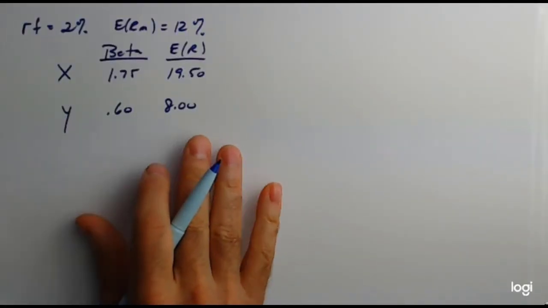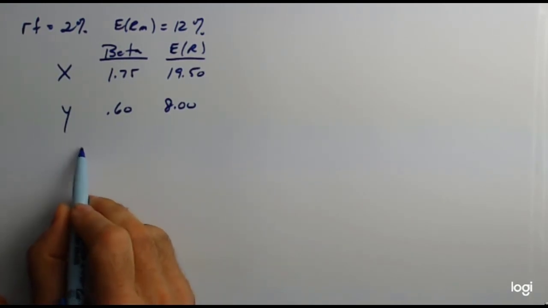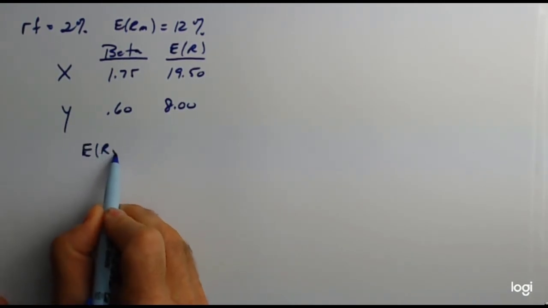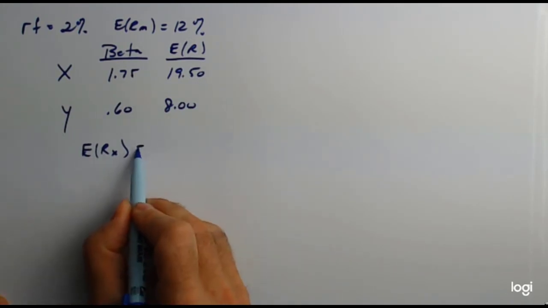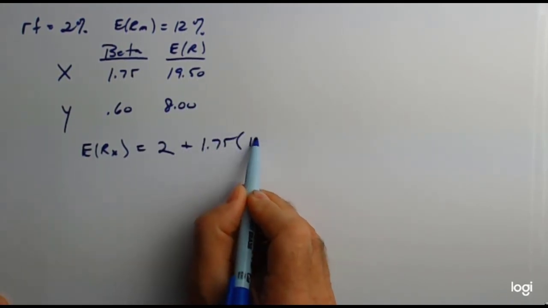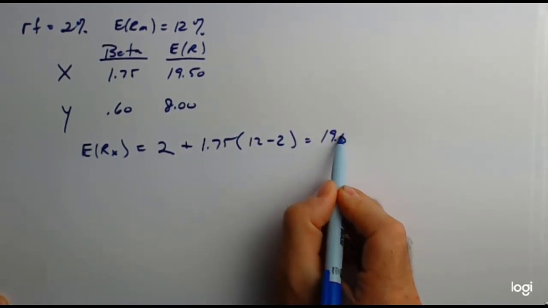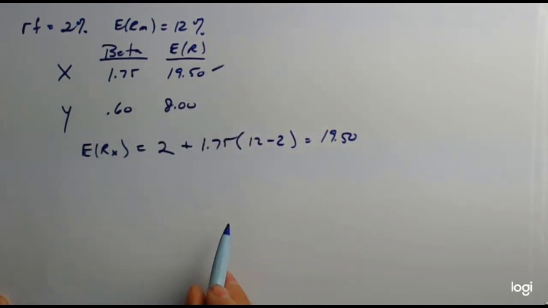Okay, so here I've copied over some of the information, and the first question is verify the expected returns. In other words, are they correct? Well, the expected return of X is going to equal the risk-free rate plus its beta times the market risk premium, and that should equal 19.5, and yep, it matches.